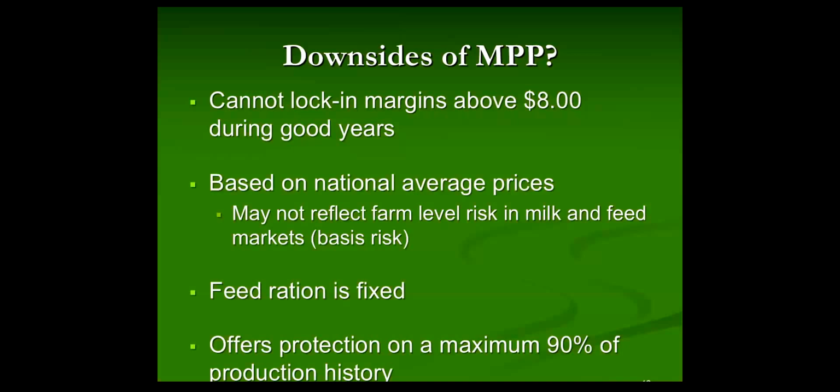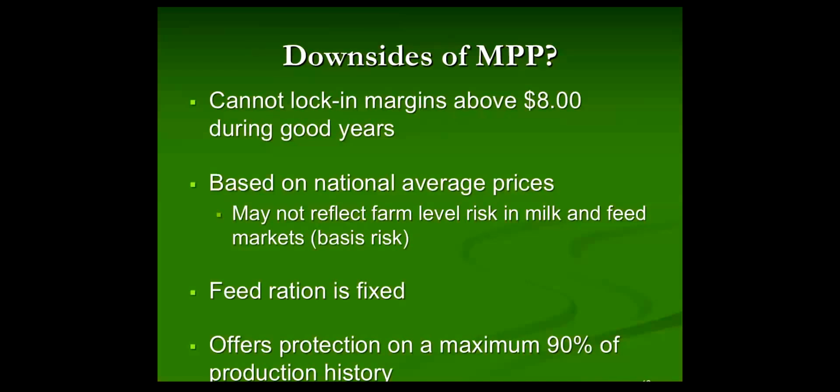It is based on national average prices. It doesn't reflect Michigan numbers or your farm's numbers, your local basis, those kinds of things. It is based on flat U.S. numbers in terms of the U.S. all milk price. The fixed feed ration that's in there uses futures prices to determine what the feed cost is.